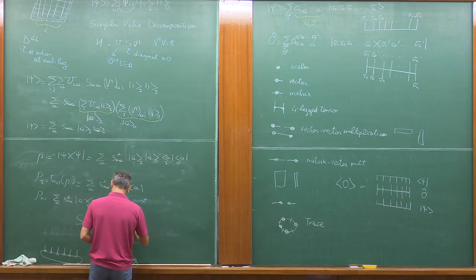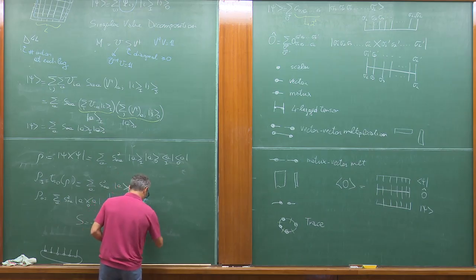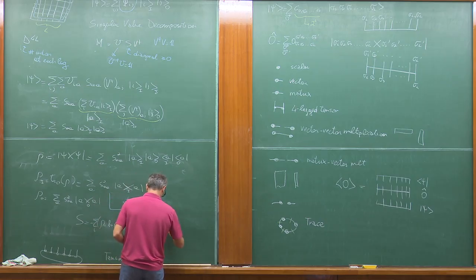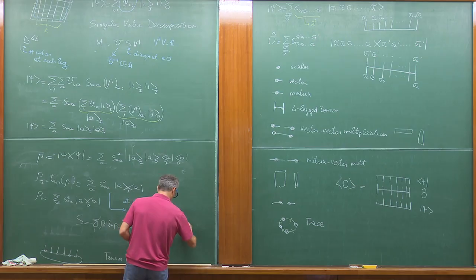And so this goes as the logarithm of d to the 4L. So it goes as 4L ln d.